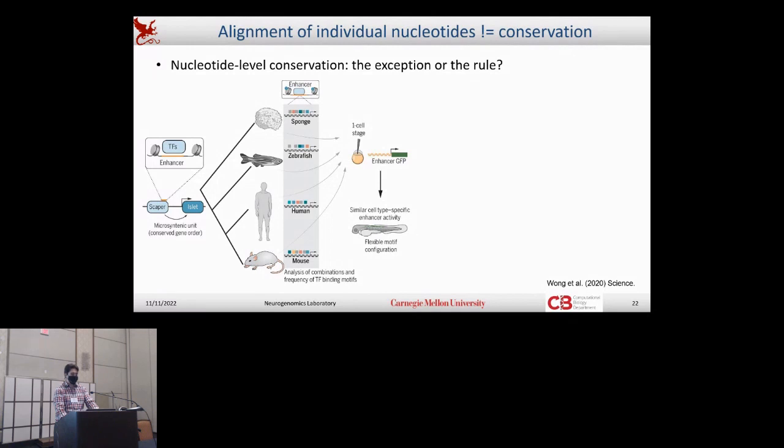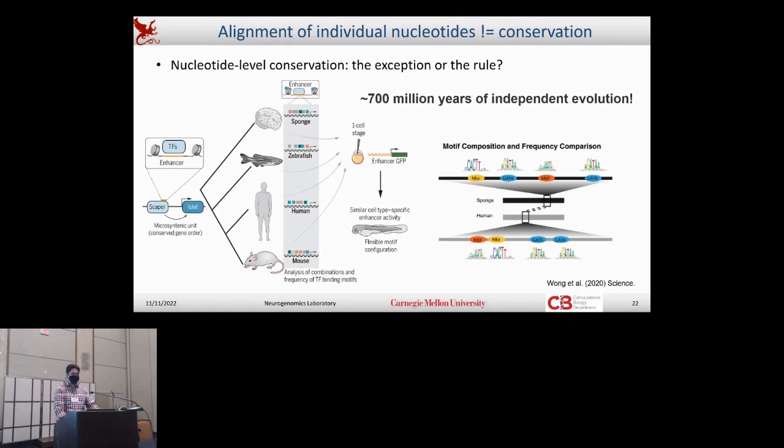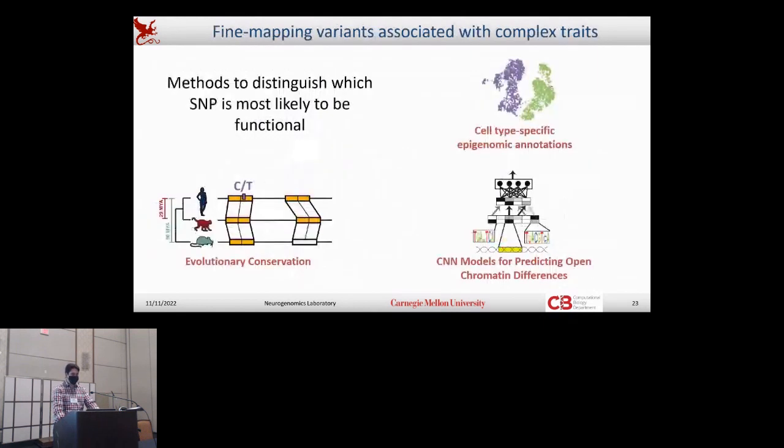And basically, if you look at the orthologous region across sponge, zebrafish, human, and mouse, you actually see similar cell type specific patterns of enhancer activity in reporter assays, even though there's 700 million years of independent evolution and relatively low per nucleotide conservation. But what they did find is basically that similar combinations of transcription factors were present, even if you look, for example, between sponge and human.